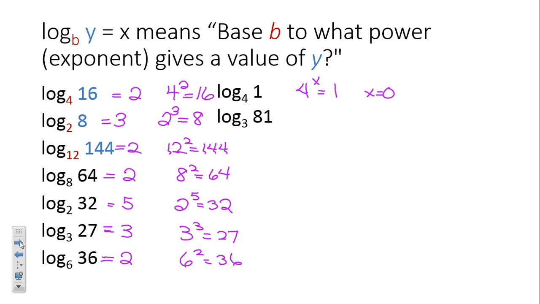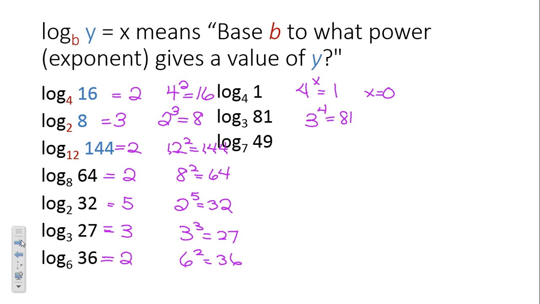Log base 3 of 81. Ben. 4. Why is it 4? 3 to the 4th is 81, right? 3 times 3 is 9, times 3 is 27, times 3 is 81. Okay. Log base 7 of 49, Christian.